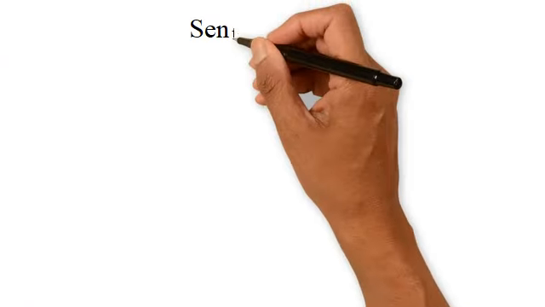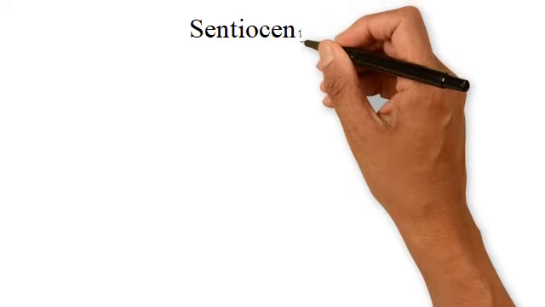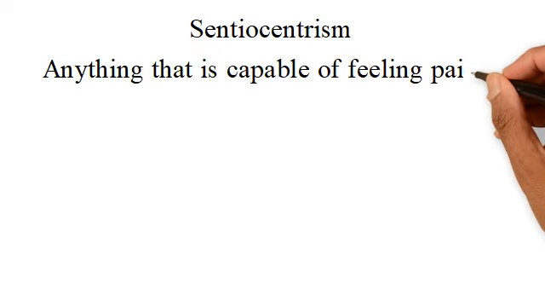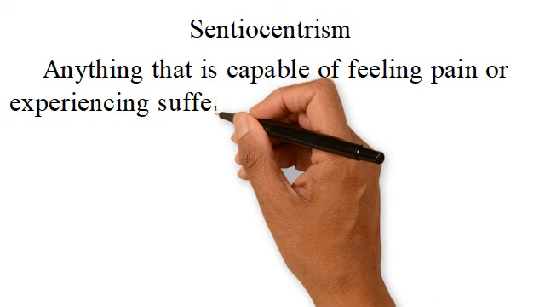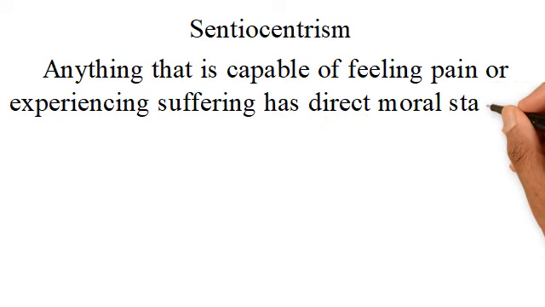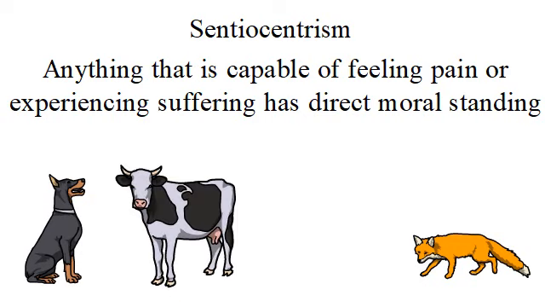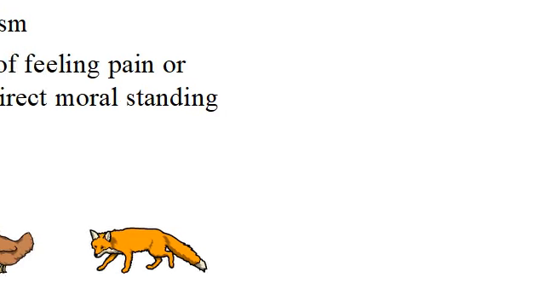A more promising position on moral standing would be some type of sentiocentrism. We can define sentiocentrism as the position that anything that is capable of feeling pain or experiencing suffering has direct moral standing. So, on sentiocentric grounds, not only do I have direct obligations towards my neighbor's dog and the fox, but I also have direct obligations to the sorts of animals that human beings typically use as a food source as well.